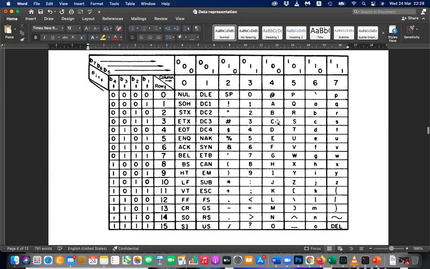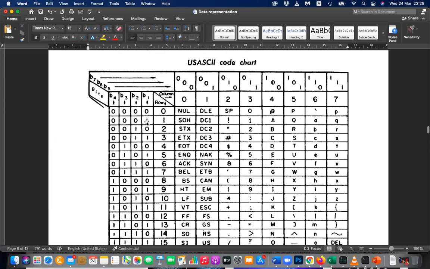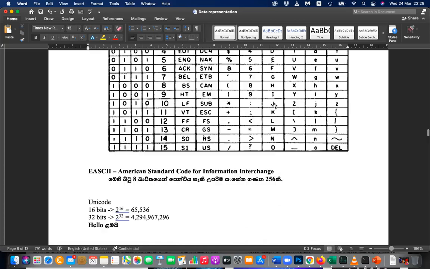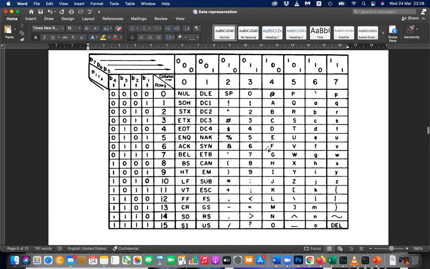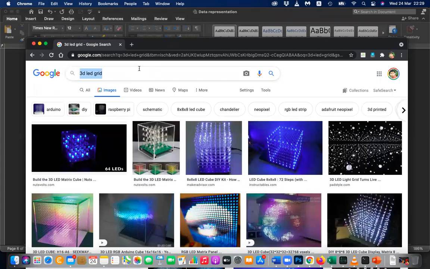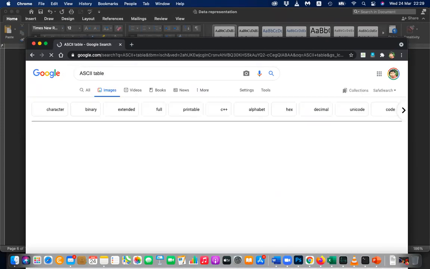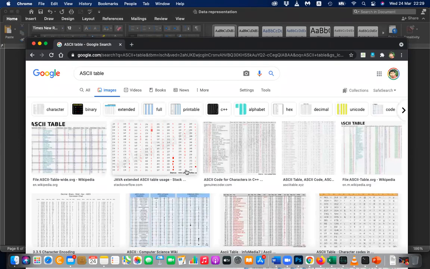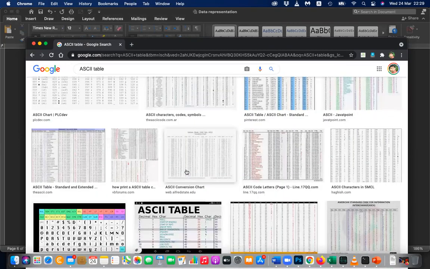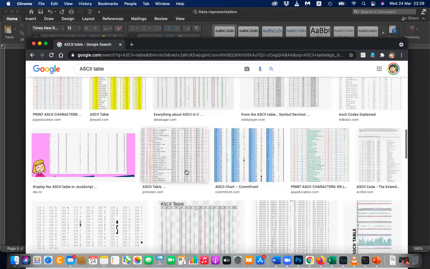A, B, C, D, E, F. It's changing like this. Wait, I think there's a small mistake over there, a mistake in the ASCII table. The bit ordering has a mistake, it seems. Let's see.